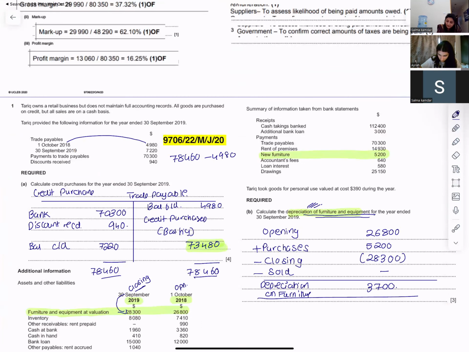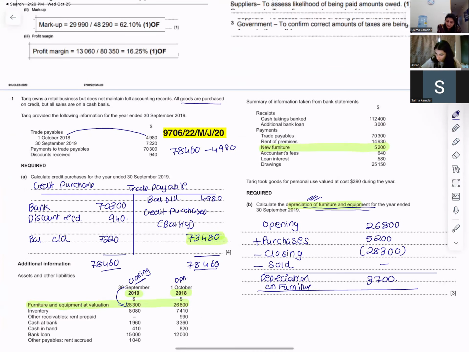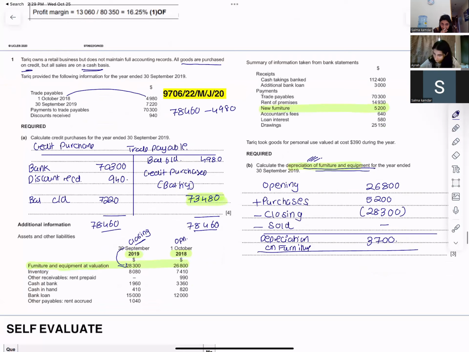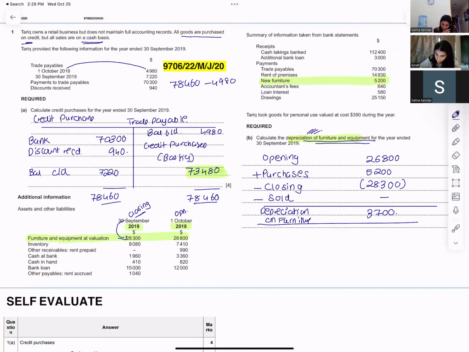Here all the goods are purchased on credit, but the sales are always done on what basis? Cash basis. They want our cash drawings, so I see things related to cash.